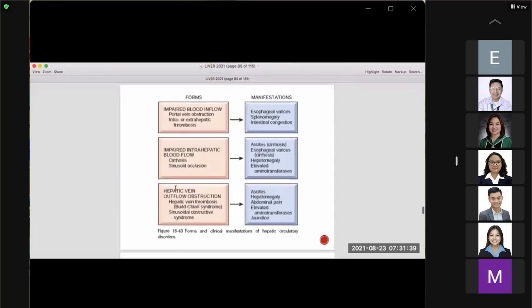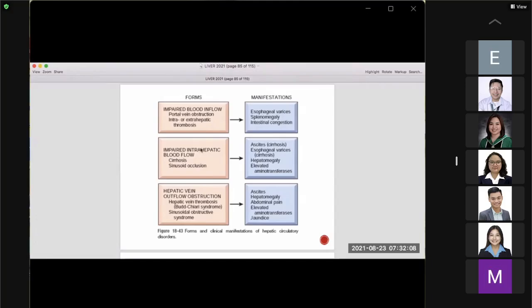So we have this figure showing us the different forms of clinical manifestations of hepatic circulatory disorder. So kung involved this one, impaired blood inflow, presence of portal vein obstruction, intra or extrahepatic thrombosis, and a manifestation, we can observe esophageal varices in patients, enlargement of the spleen, intestinal congestion.